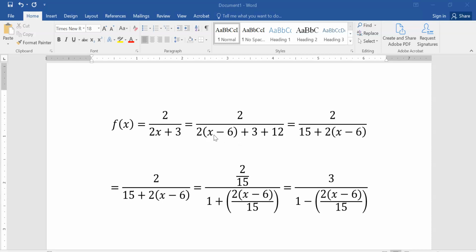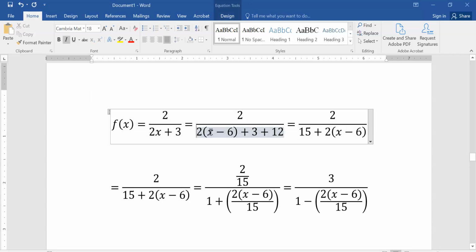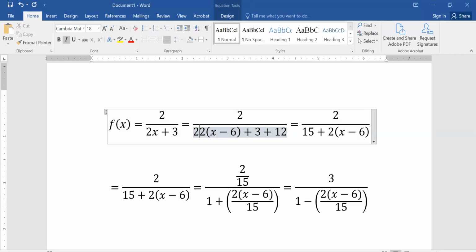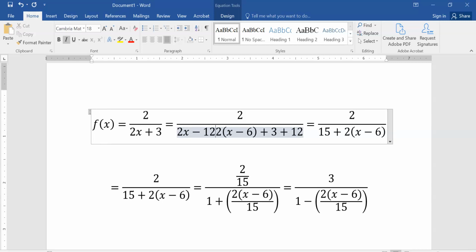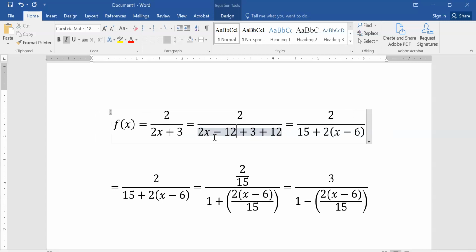Well, if you think about it, I subtracted 12 from the denominator because 2 times x is my 2x, and then 2 times a negative 6 is a minus 12 if you multiply that out. So if you distribute this out, you'd get 2x minus 12. And so what I did is I really subtracted 12 from the denominator.